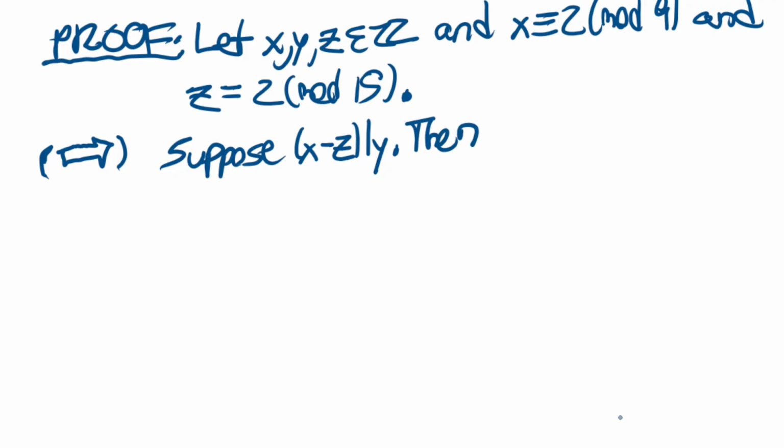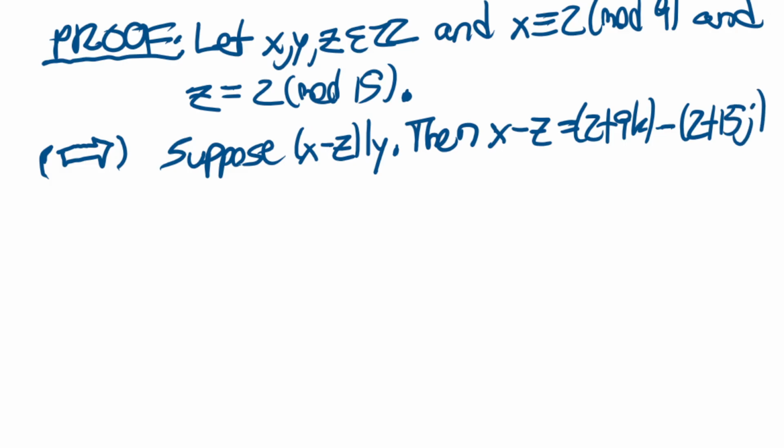So then x minus z equals 2 plus 9k minus 2 plus 15j, where k and j are integers.